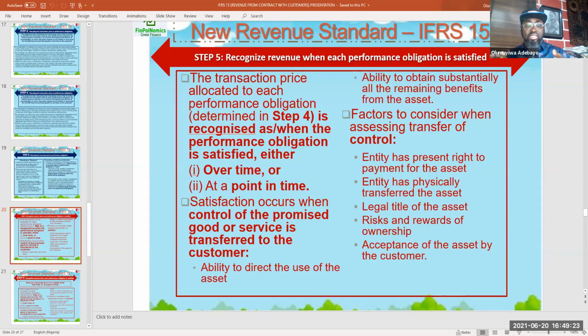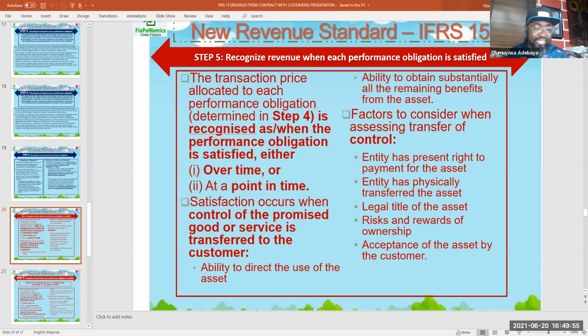Furthermore, if as a result of the action of the entity, legal title has been transferred from the entity to the customer, in that light, it is deemed that the customer now has control of the assets.